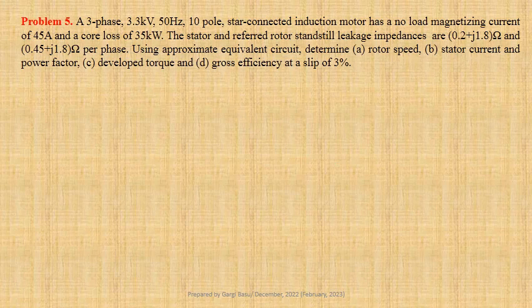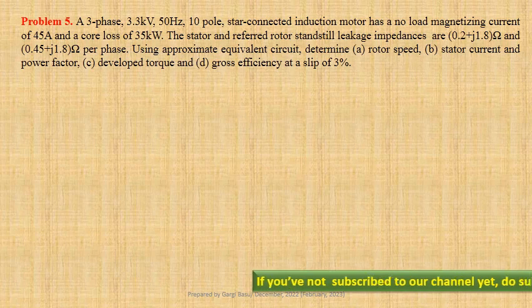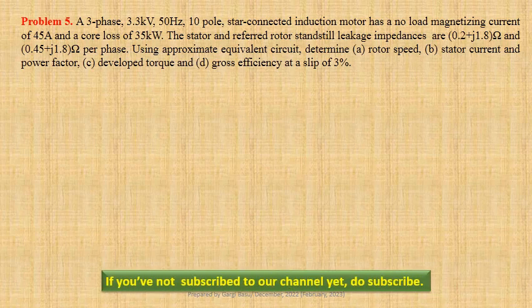A three-phase 3.3 kV 50 Hz 10-pole star-connected induction motor has a no-load magnetizing current of 45 ampere and a core loss of 35 kilowatts.